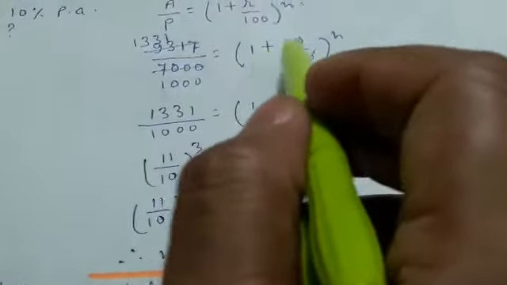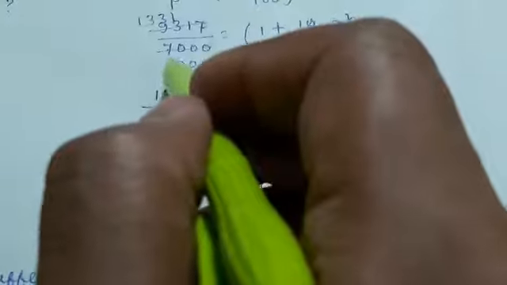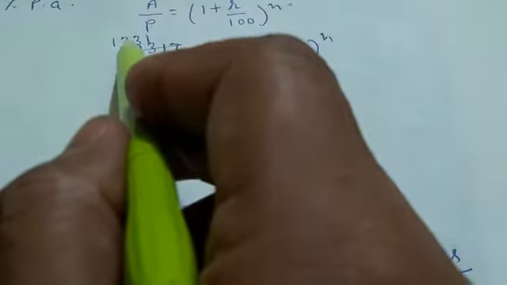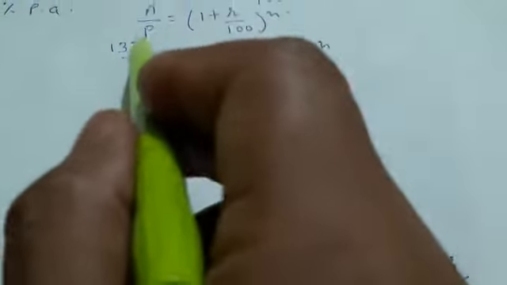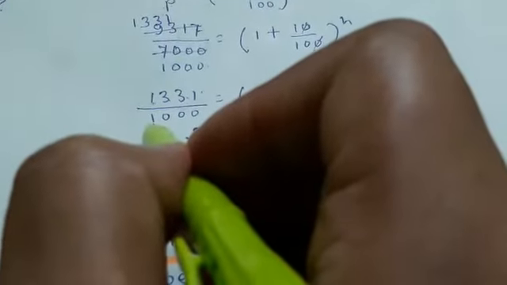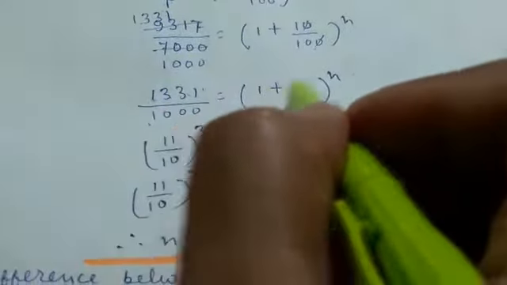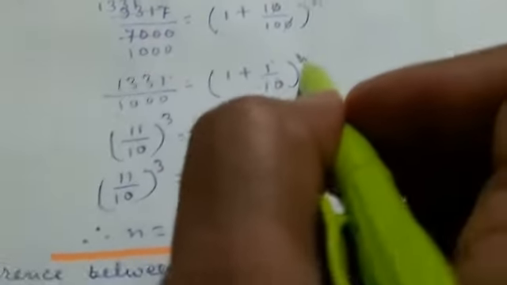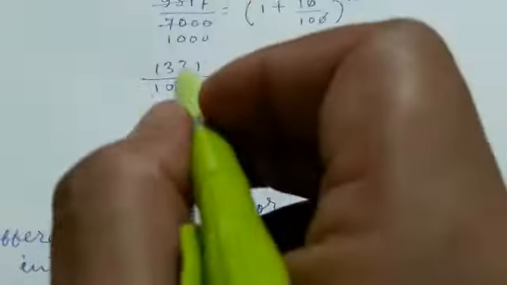Now we will divide this number by 7. 7 1 ja 7, 30 we will write down like this, and 7 1 ja 7, 23, 7 3 ja 21, 7 1 ja 7. So we'll get 1331 by 1000, that is equal to (1 plus 1 by 10) power n. The zeros will cancel out. 1331 is the cube of 11, and 1000 is the cube of 10.